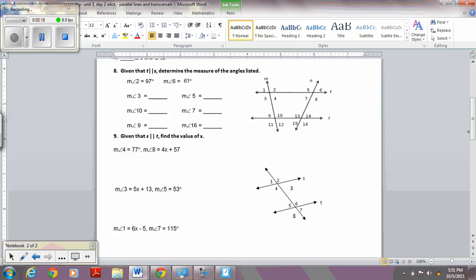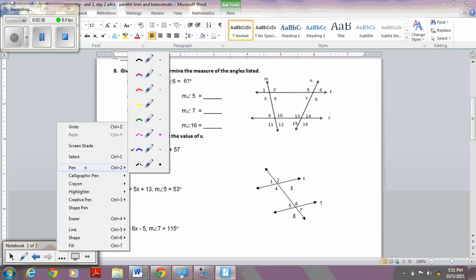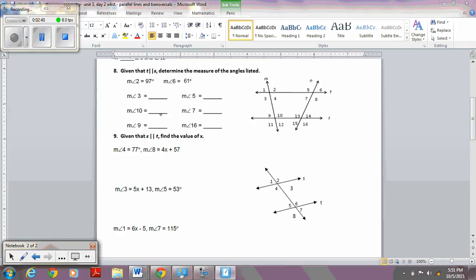For number 8, I'll do half of them. They tell you that angle 2 is 97 degrees and angle 6 is 61 degrees. The first thing I would do is go through the picture and label all those congruent to angle 2 and all those congruent to angle 6. So here's angle 2.